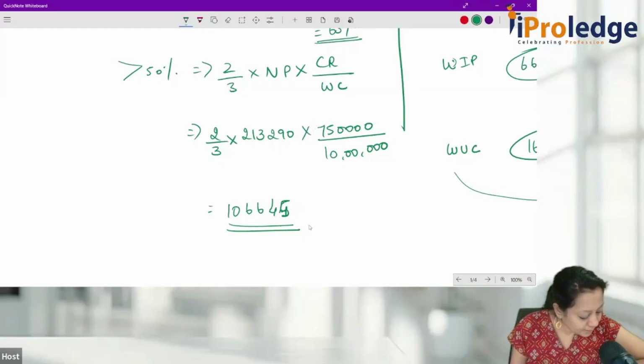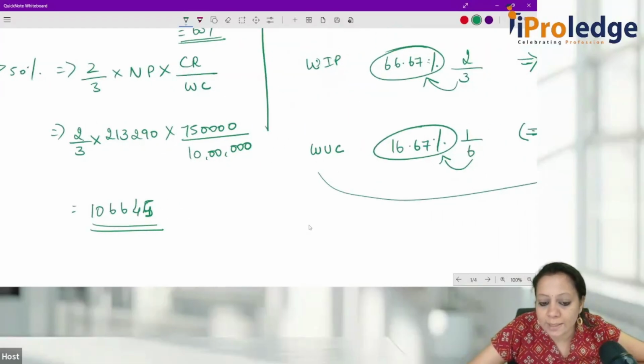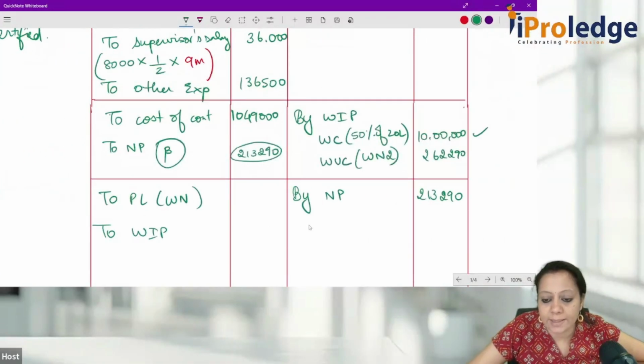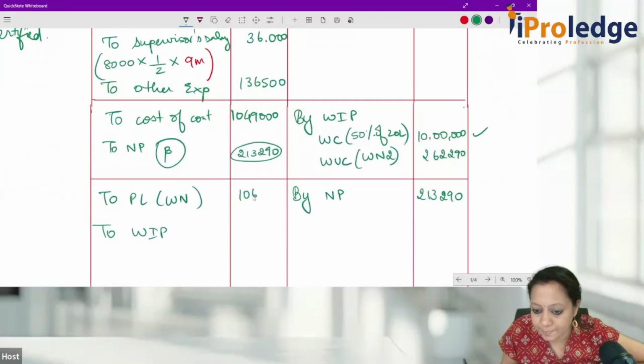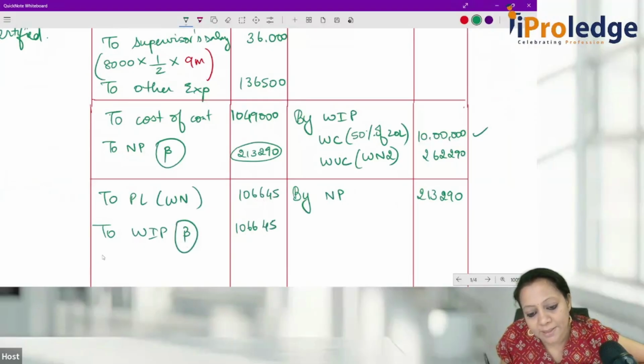So this is also done. Now shall we proceed, students? So 1,06,645 is the amount, minus 2,13,290. Again the same amount. This is always a balancing figure.